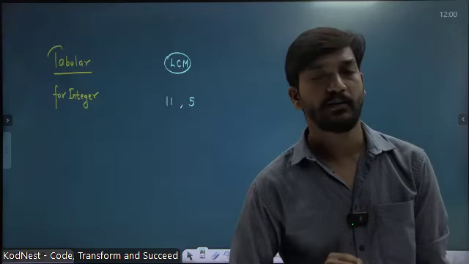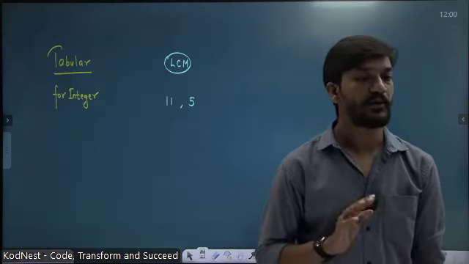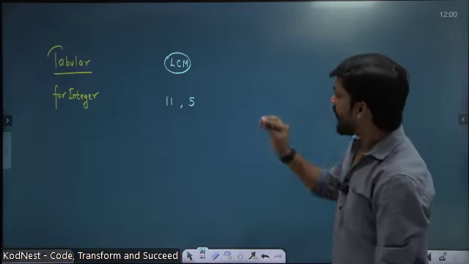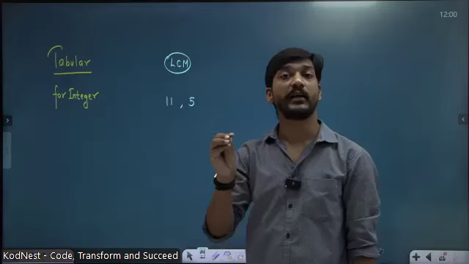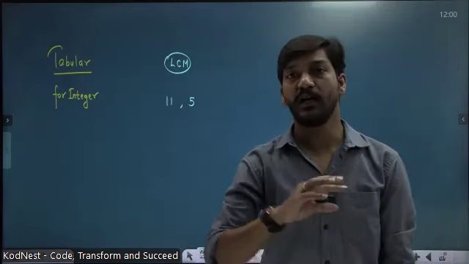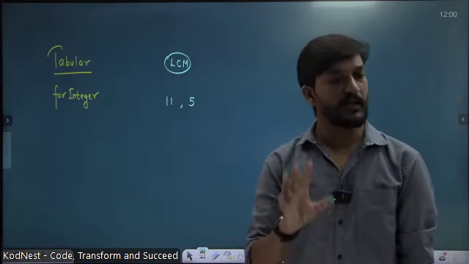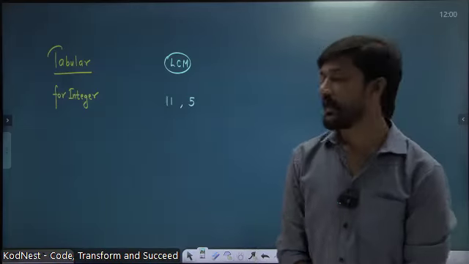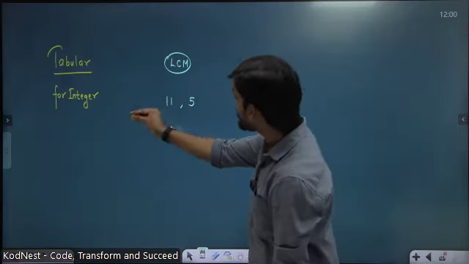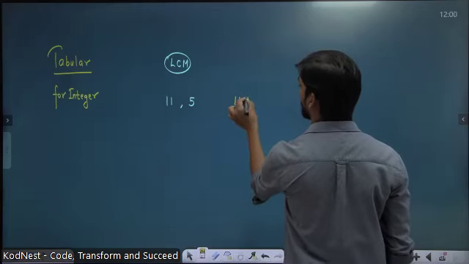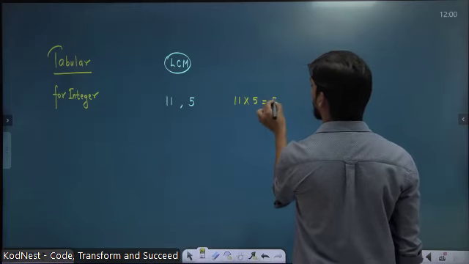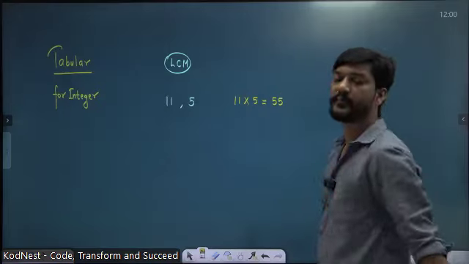No. So to calculate LCM, what we have to do is find if there is anything common and take it outside. That is the process, very simple. If something is common, take it outside. If nothing is common, just multiply. So nothing is common, LCM is 55.